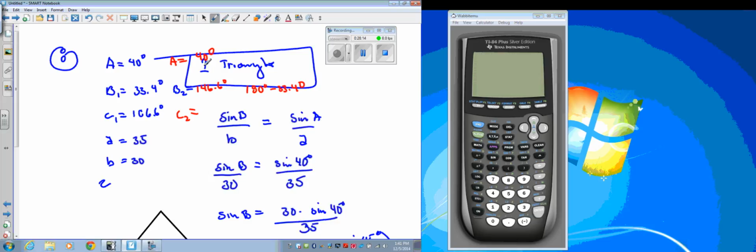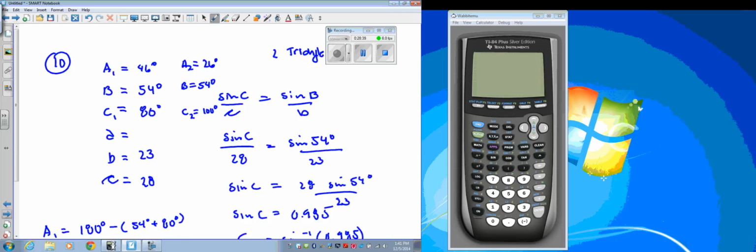This would have to be 180 degrees minus the sum of 40 degrees plus 146.6. And this is 6.6 degrees bigger than 180. It's not possible. That's why this one has one triangle.